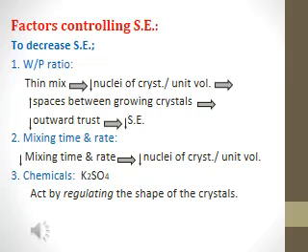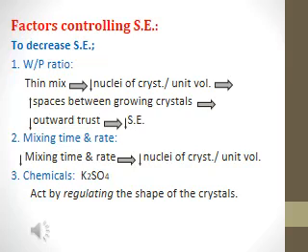The mixing time and rate: if you decrease the mixing time and rate, the number of nuclei of crystallization per unit volume also decreases, and the spaces between the growing crystals increase, resulting in decreased thrusting and decreased setting expansion. For sure, we cannot control the setting expansion by making a thin mix or changing the mixing time and rate, because this will affect other properties.